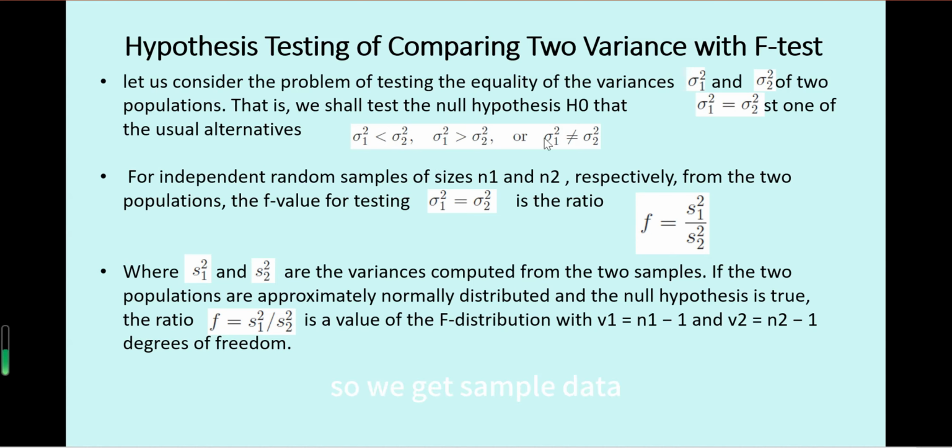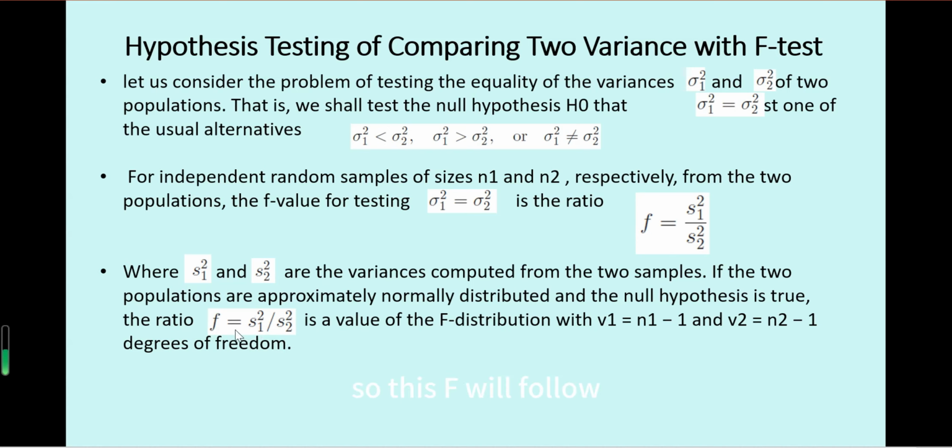So we get sample data. We take n1 and n2 observations from the two samples. Then we get the sample variances S1 square and S2 square. Then the sample F statistic equals the division of these two.